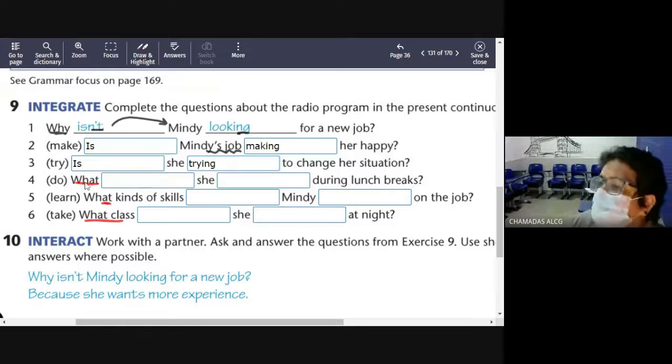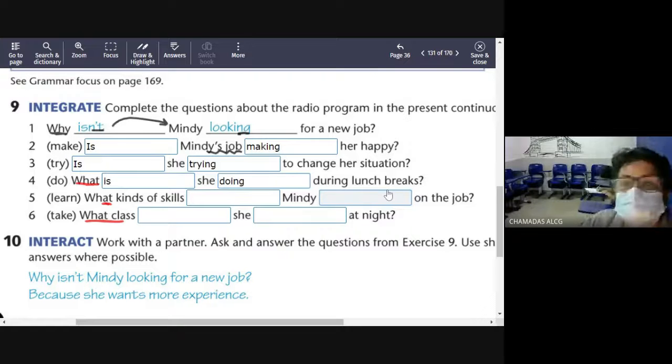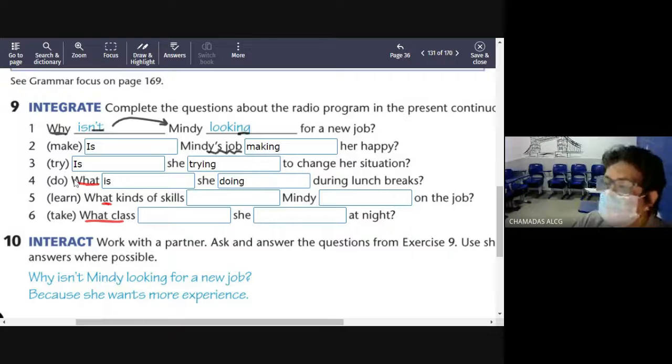Number 4. We have a WH pronoun. What is she doing? Okay. What is she doing during lunch breaks? Verb to be, present participle. In this case, we have the question pronoun first.